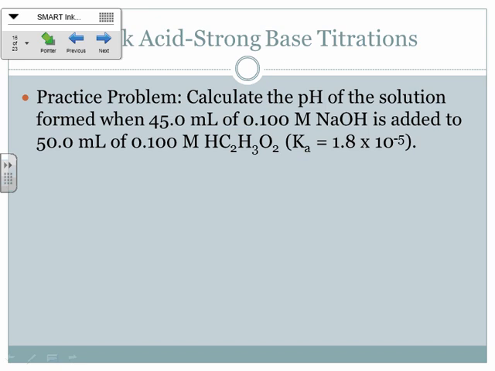So, the only difference on this one is we have a different limiting reactant, right? Which means, unfortunately, we are still going to have some equilibrium at the end of this thing. But it's still the same reaction. We've still got OH minus.